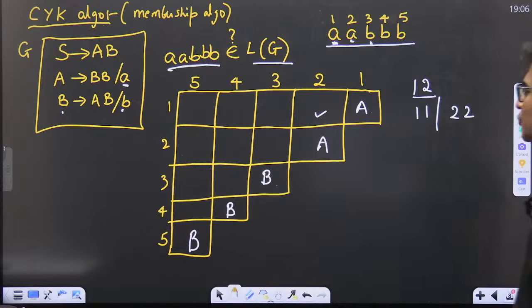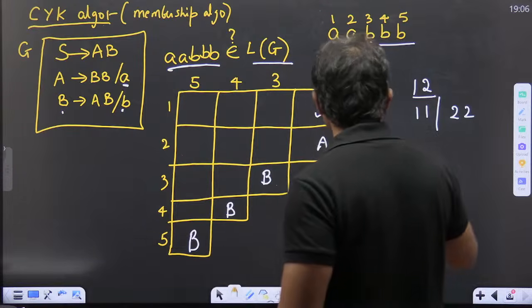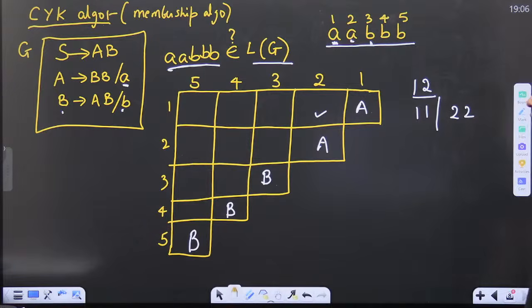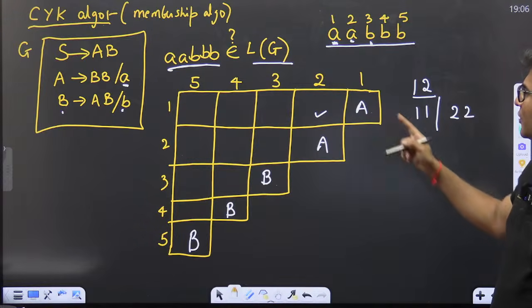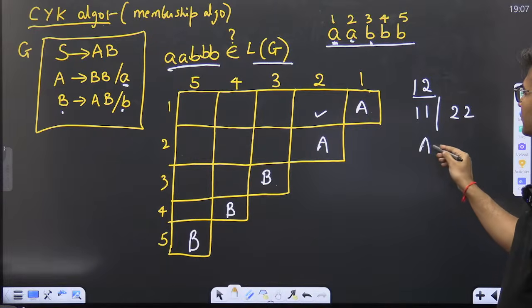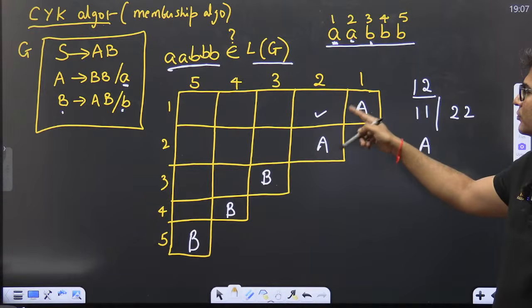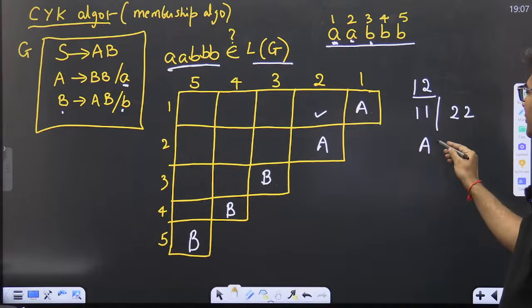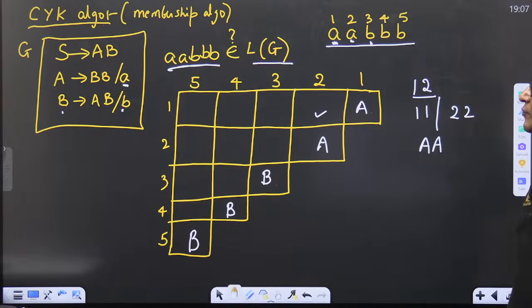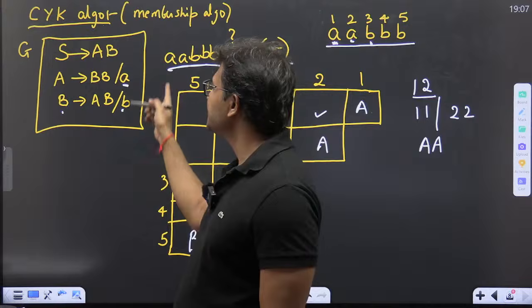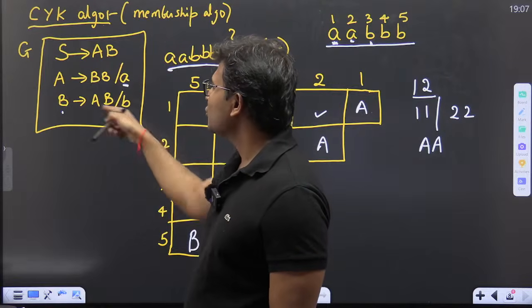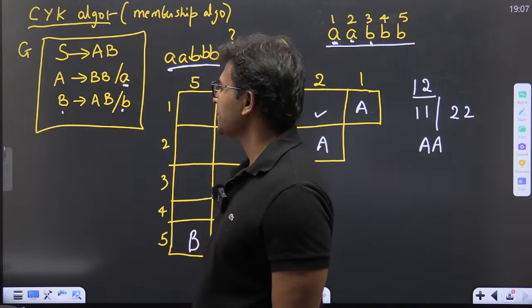Yes, Dhruv, you can use that, okay? So what is 1, 1 and 2, 2? Go to the already filled values. 1, 1 is A, and 2, 2 is A. Now we got AA. Now go to the grammar and see if AA is present on any right hand side.